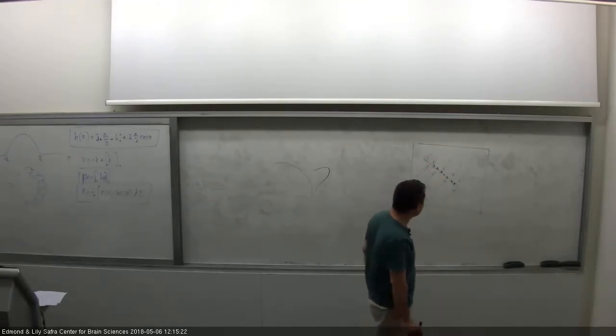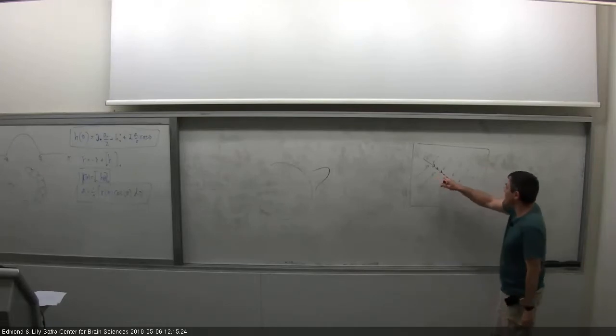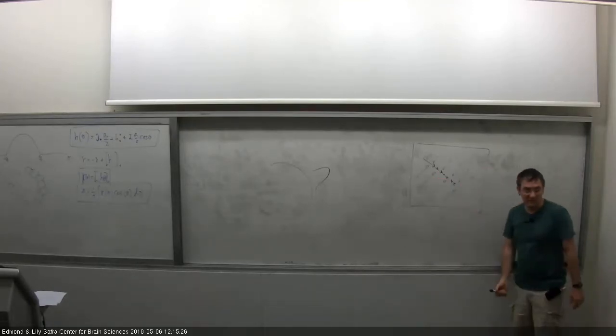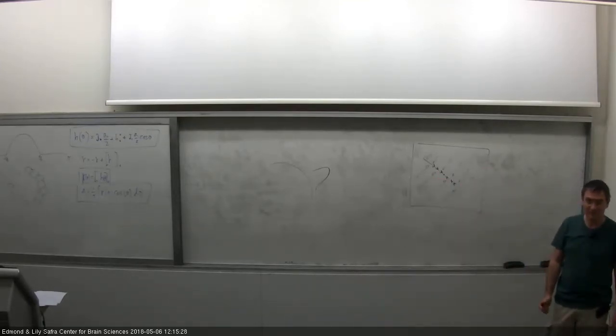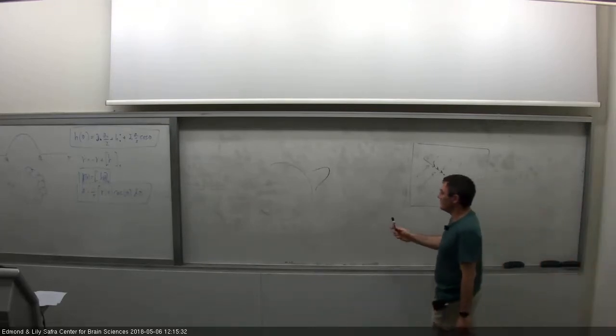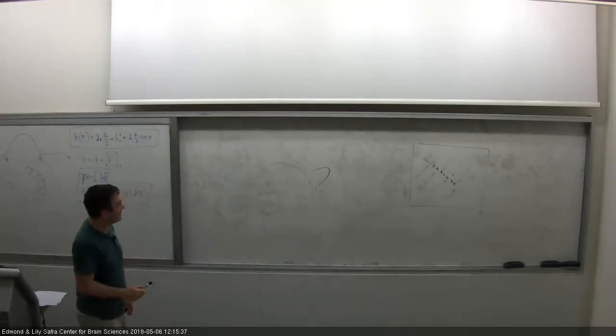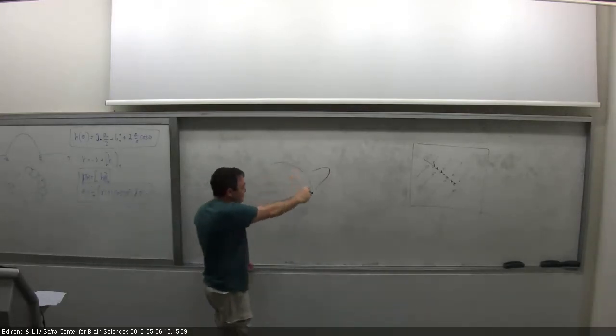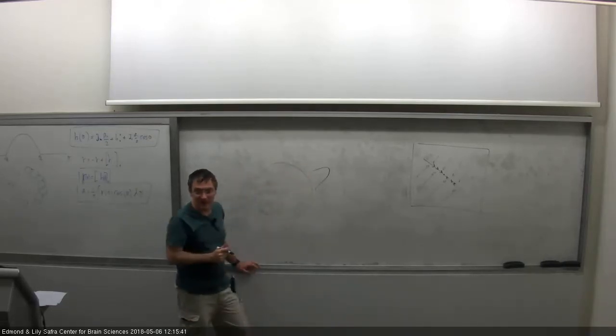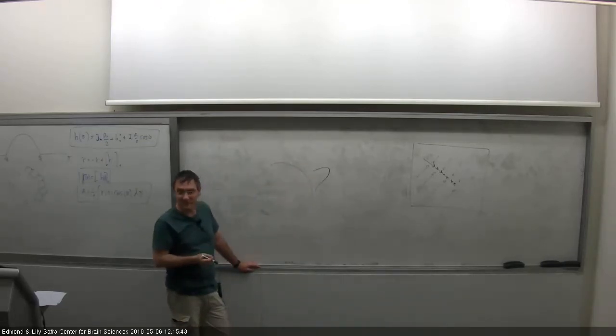And once we mistune the parameters, this continuum of attractors disappears. So similarly here, if we mistune the parameters, we expect that this continuum of solutions along the bump will also disappear.